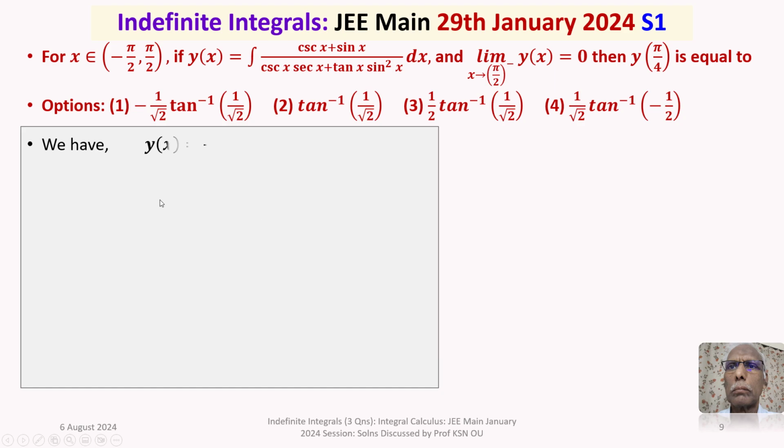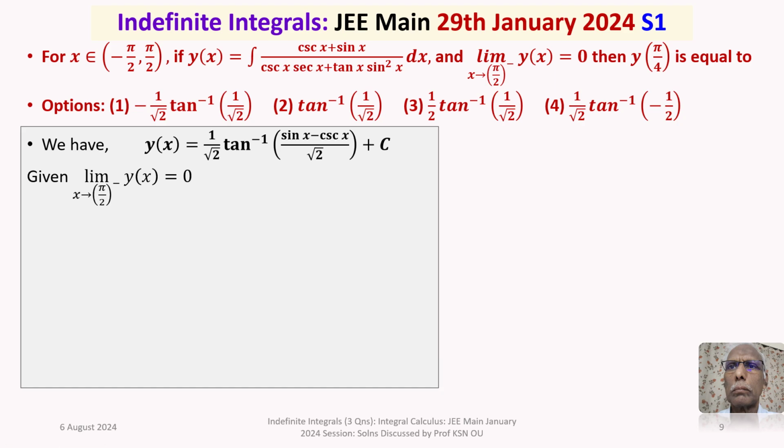We have y of x equal to 1 by root 2 tan inverse of (sin x minus cosecant x) by root 2 plus c. And we are given that the limit of y of x as x tends to pi by 2 from the left is equal to 0. But you see, the x terms are sin x and cosecant x.